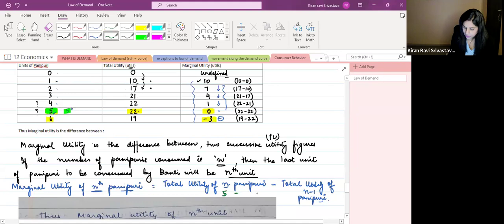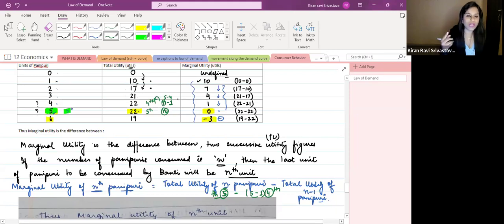So 5 minus 1, which means we are going to subtract the fifth total utility with the fourth total utility. 5 minus 1 is 4. This is the fifth and this is the fourth. So we call this n, and we call this n minus 1. So n minus 1 here is 5 minus 1, which will become 4.